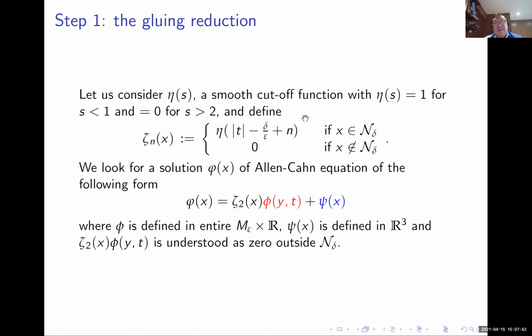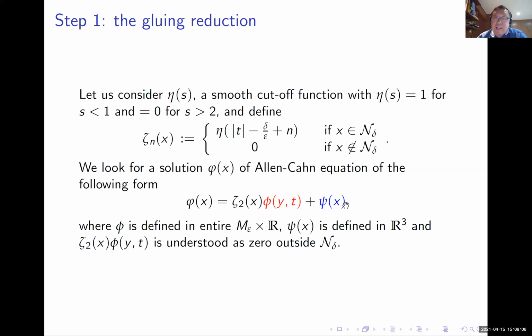So you take a cutoff function near the interface, and now you look for a solution of this type, with a cutoff function times some phi, and some psi. This psi is called the outer problem. This phi is called the inner problem.